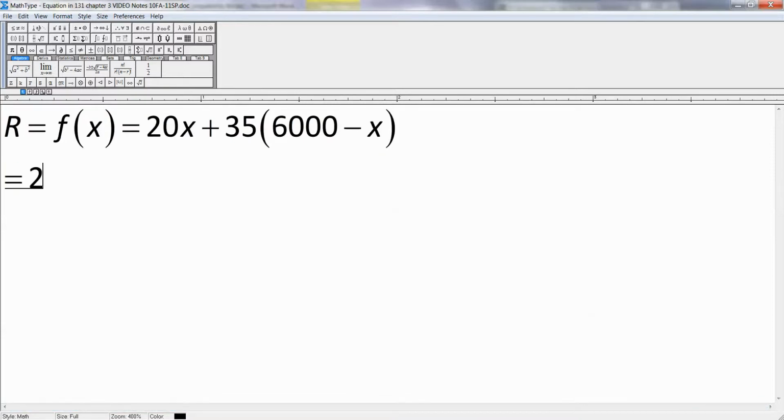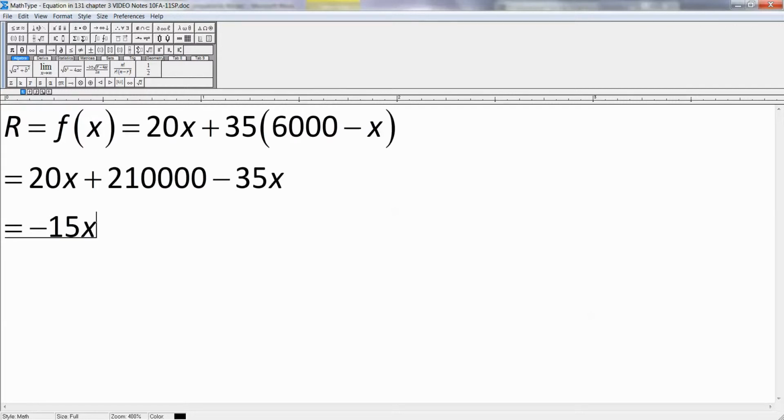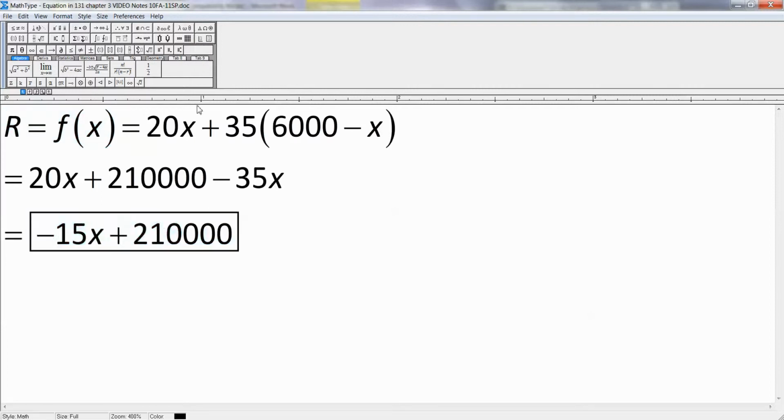So we'll say, okay, that's 20x plus 210,000 minus 35x. Again, I just multiplied that with my calculator. So that's equal to negative 15x plus 210,000. There's your revenue as a function of x. Right here. Nothing but x, no y involved at all.